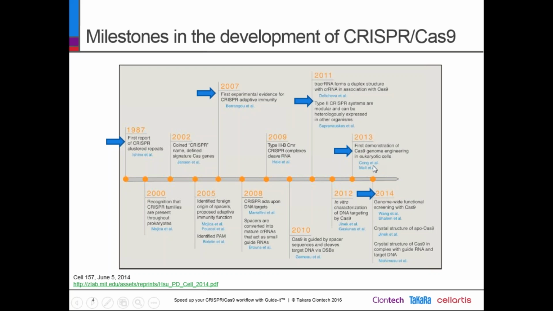And finally, that these CRISPR-Cas systems can also be expressed in eukaryotic cells, and that they can be used for gene editing in those cells. And this has really been a real revolution in the field of gene editing. In 2014, there was also a genome-wide functional screening using Cas9, and the crystal structure of Cas9 was published, which gives, of course, further insights into the mechanism of CRISPR-Cas gene editing.